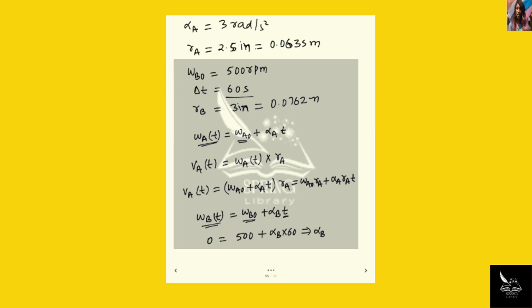After solving, we get alpha B equals minus 0.8727 radian per second square. Okay, this 500 will be 500 by 60 because it is in rpm, so after converting into rps we get this alpha B.